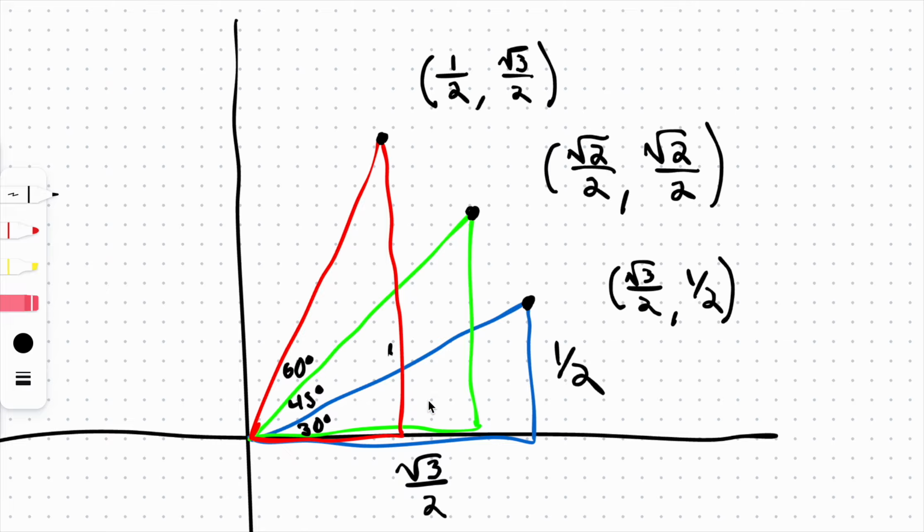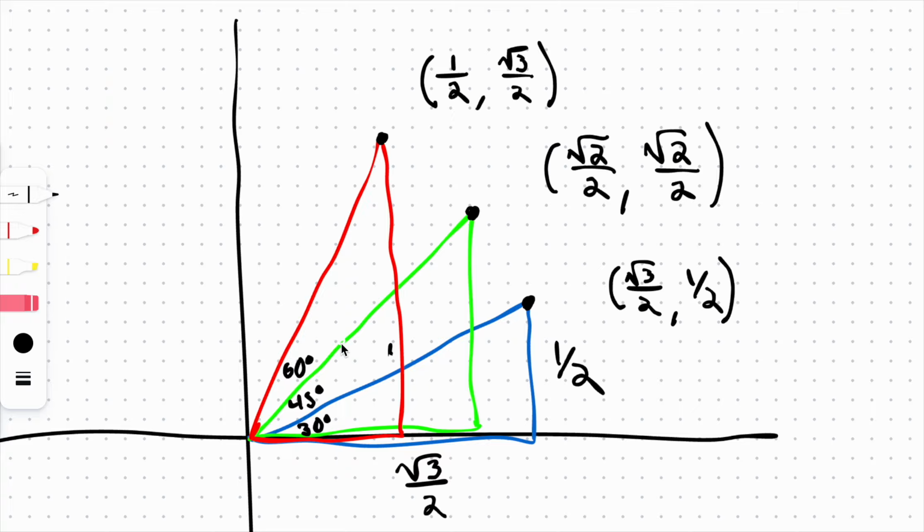When we produce this triangle, our upper point is going to have the coordinates √2/2 and √2/2. And these coordinates correspond to the x value and the y value to get to that point, and they correspond to each of the legs going in the horizontal and vertical direction of our triangles.